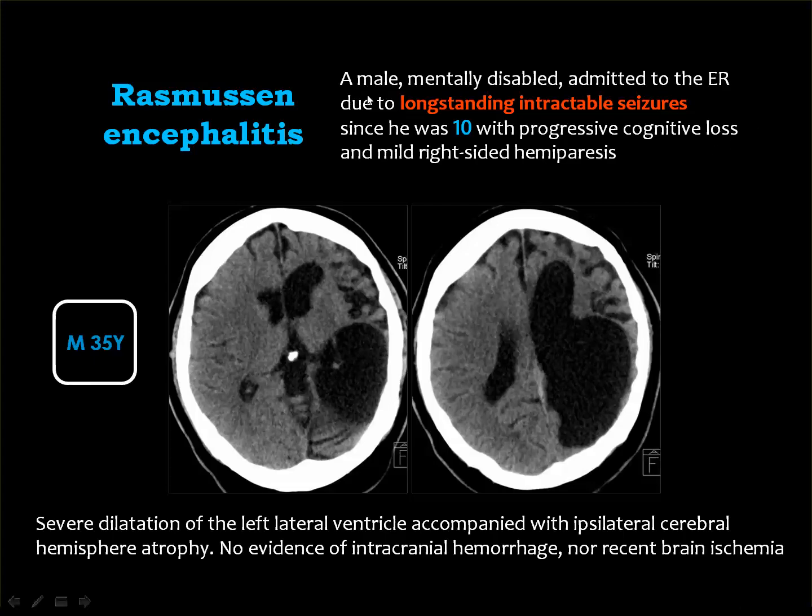This is a male, 35 years old, mentally disturbed, admitted to the emergency room due to long-standing intractable seizures since he was 10 years old, with progressive cognitive loss and mild right-sided hemiparesis. Then you know that these changes date back many years, and there are atrophic changes and dilatation of the ventricle.